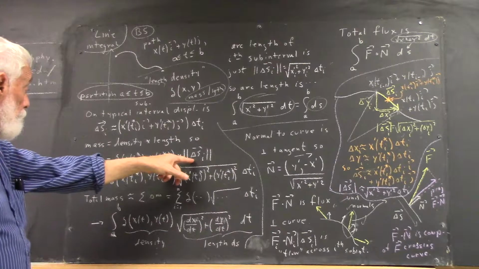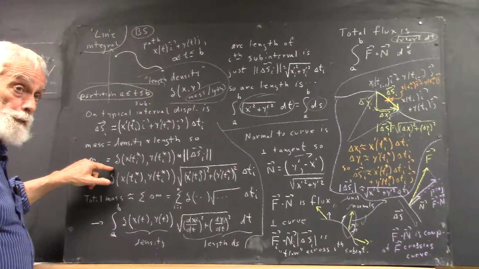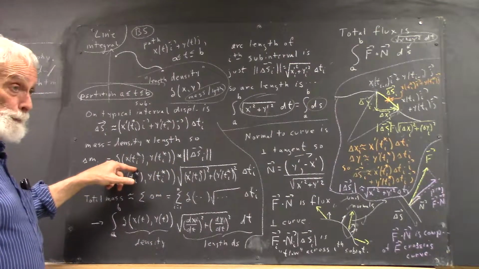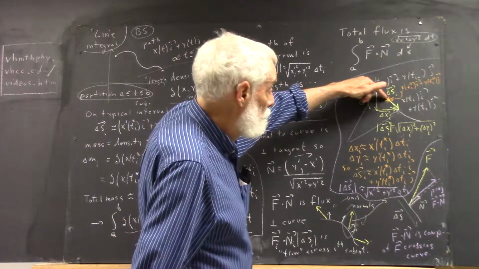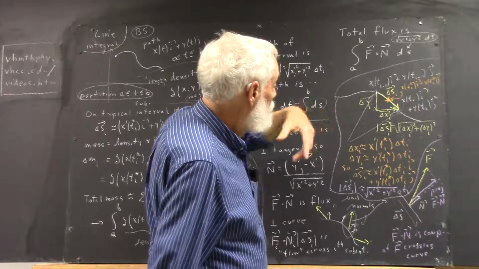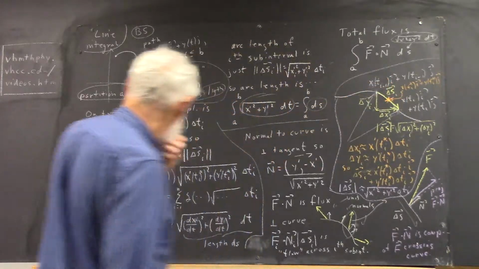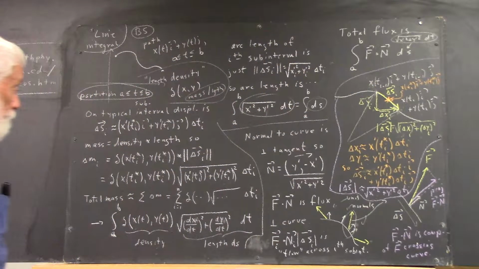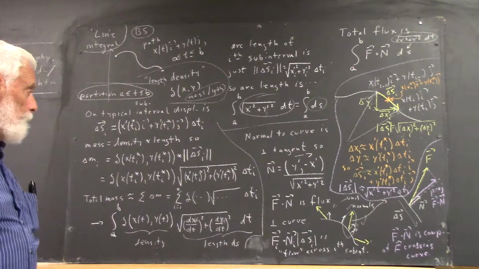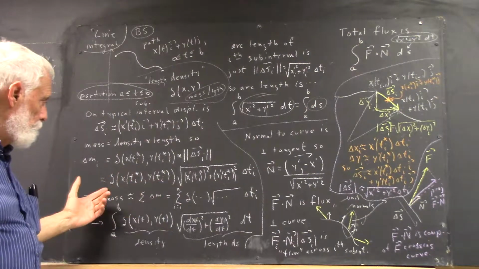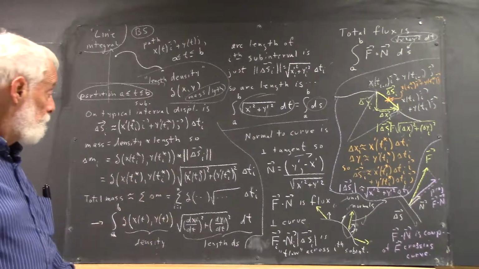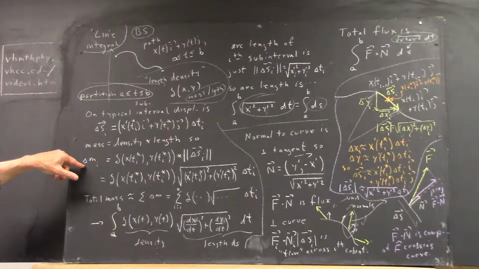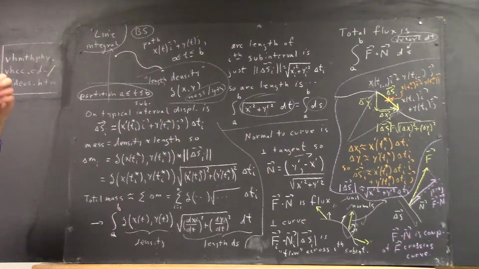We multiply that by the density function evaluated at x, y, where x is your x of t sub i star, the x coordinate of wherever your sample point leads you on the curve, within this interval, and then the y of t sub i star. So we plug those into the density function, we get the density, we multiply that by the length, and we get the delta m sub i, the ith contribution to the mass.